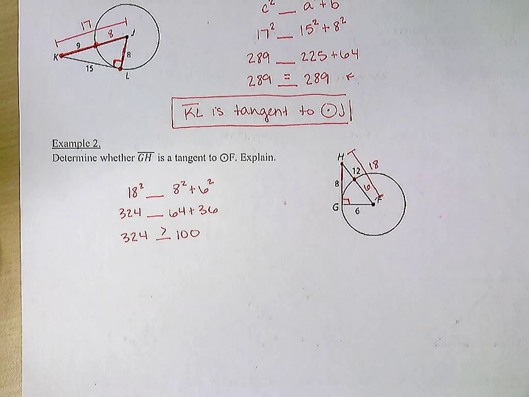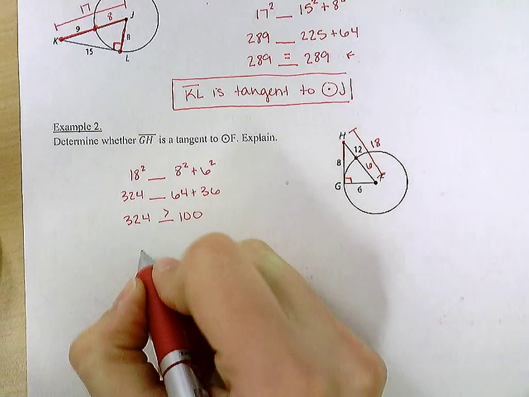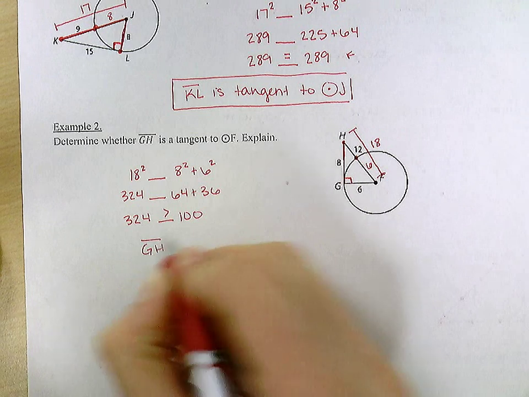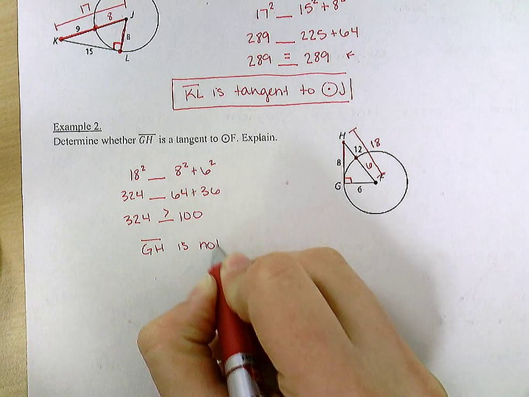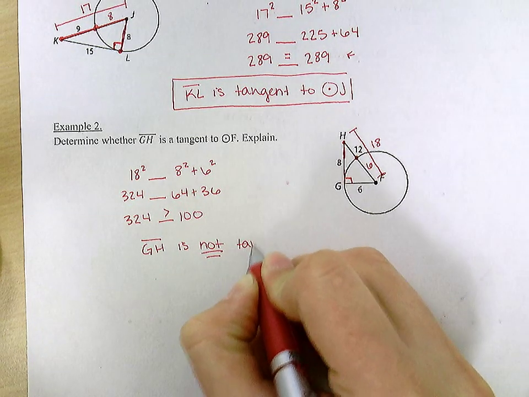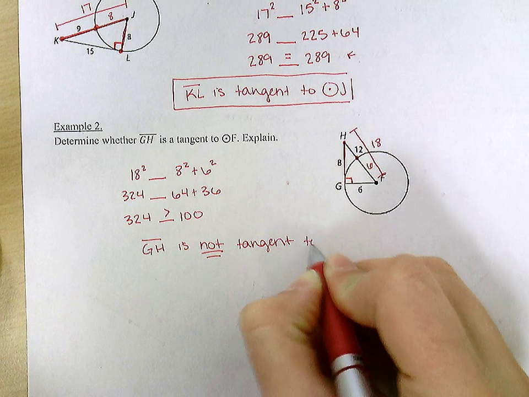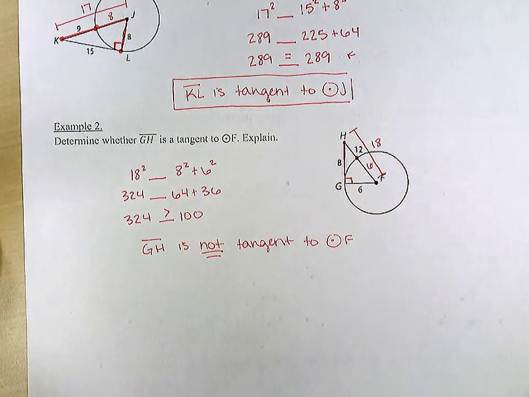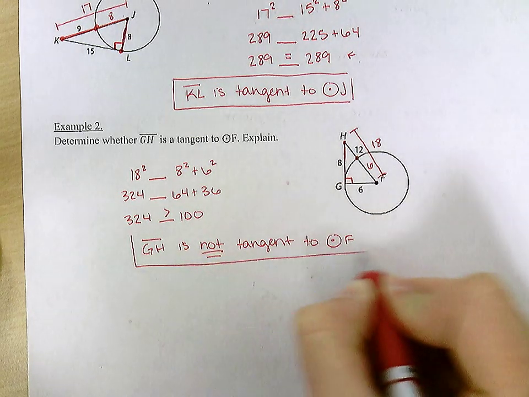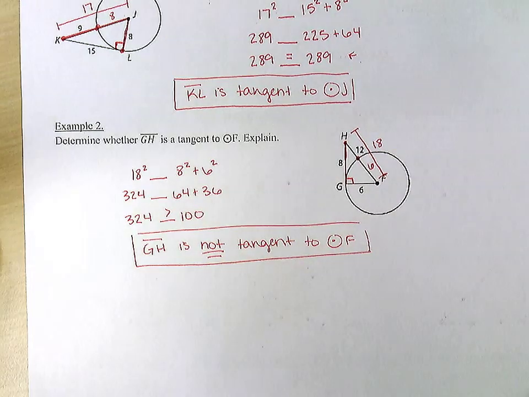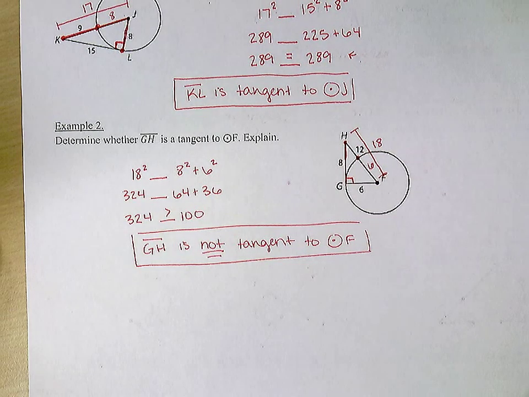And that is not equal since 324 is greater than 100. So since they are not equal, I would say GH is not tangent to circle F. Questions on example 2?